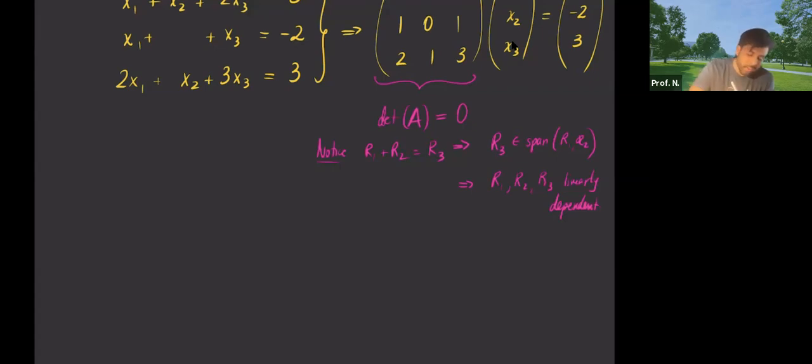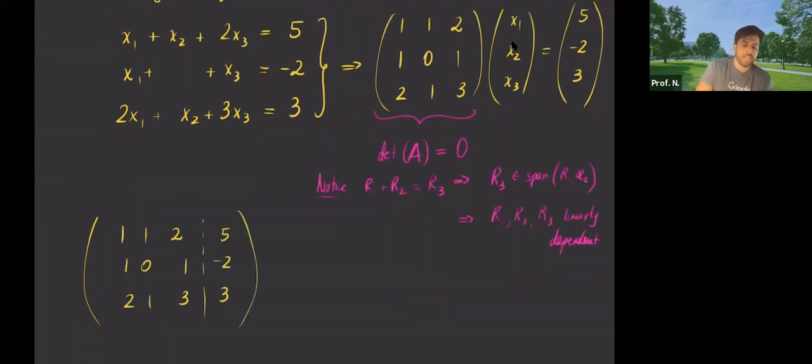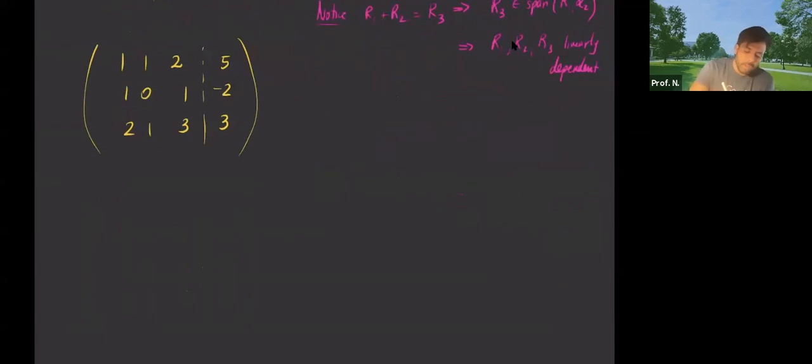So the matrix now is going to be 1, 1, 2, 1, 0, 1, 2, 1, 3, and the column will be 5, negative 2, 3. And then we're going to do row reduced echelon form of A, B.